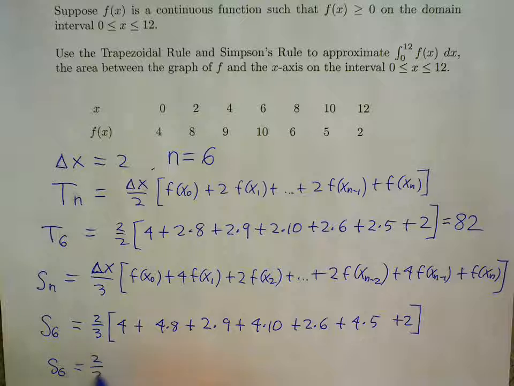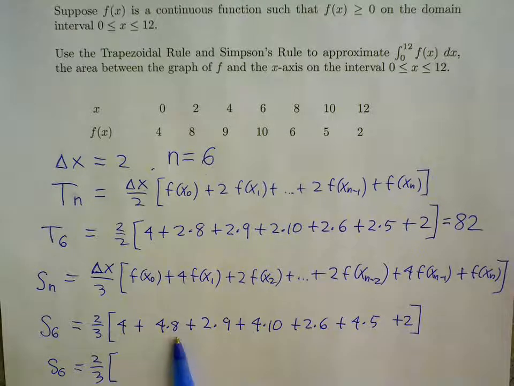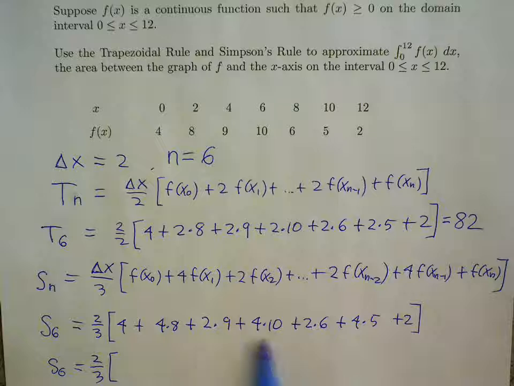Okay, so 2/3 times this quantity. So 4 plus 32 is 36, plus 18 is 54, plus 40 is 94, plus 12, 106, 126, 128.